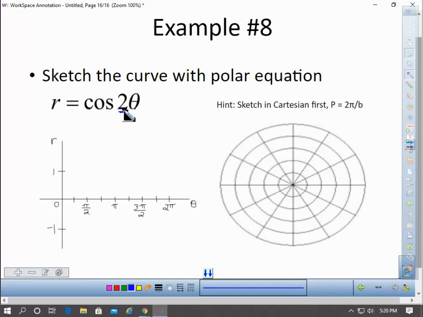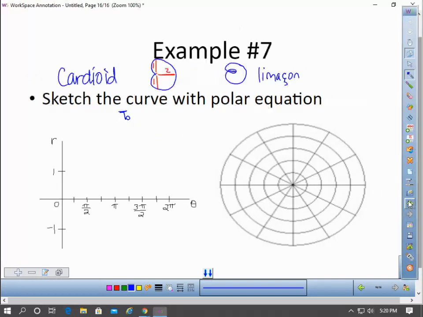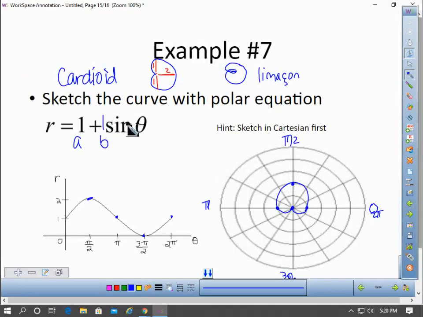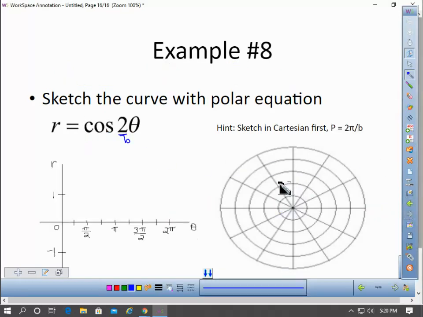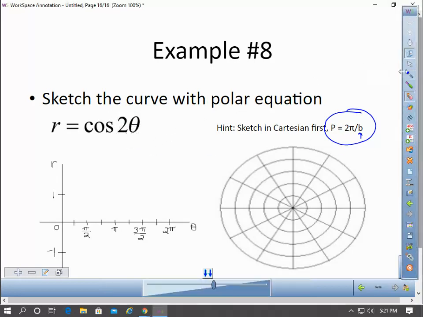Don't get that confused with the b number here in front of the sine, because when we're doing the cardioids, r equals a plus b. That's where our b is going to be. But for this one, when I'm thinking about the period, this b number is the number in front of the theta. So don't get that confused with our other b number that we're doing in the polar stuff.